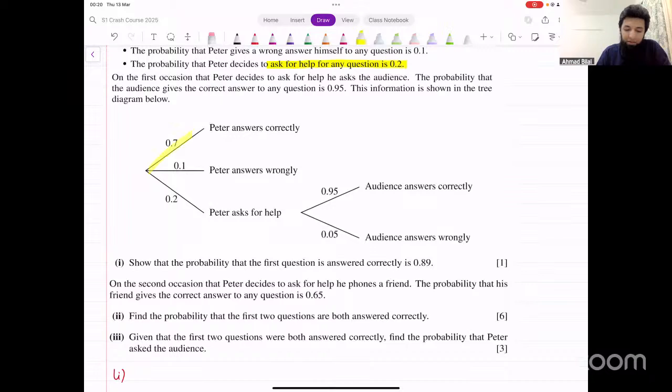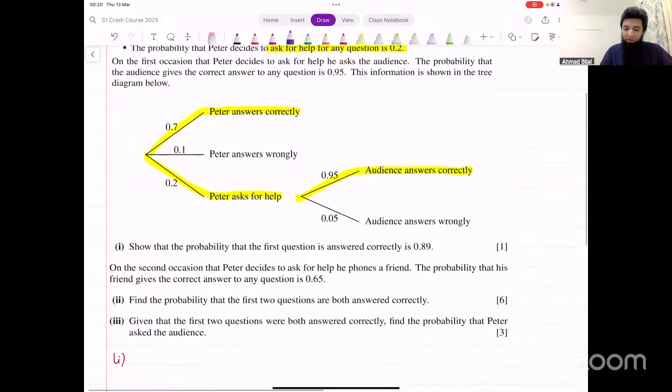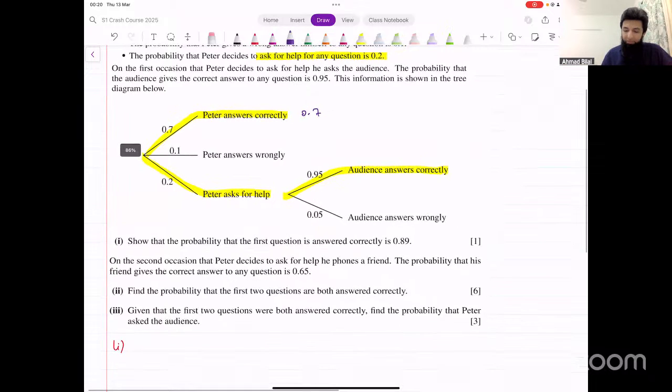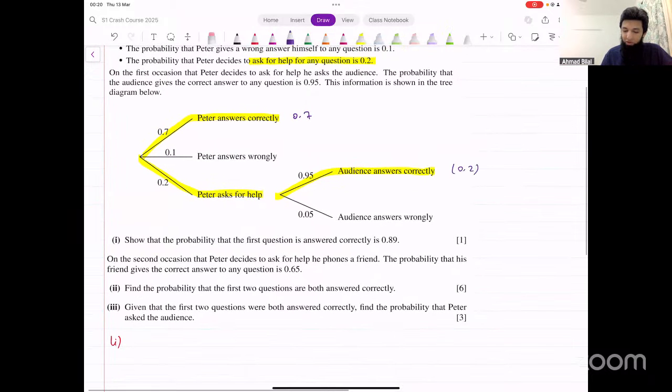He can either answer the first question correctly himself, or he can ask for help, and then the audience answers the question correctly, and then he gets the question correct. So there are two possible cases that we can have here. This is 0.7, and this one is going to be 0.2 times 0.95.